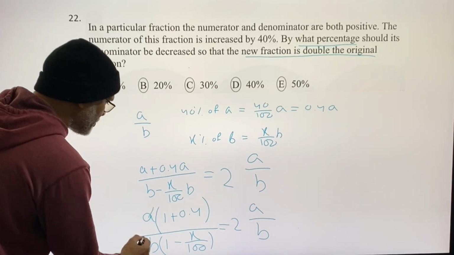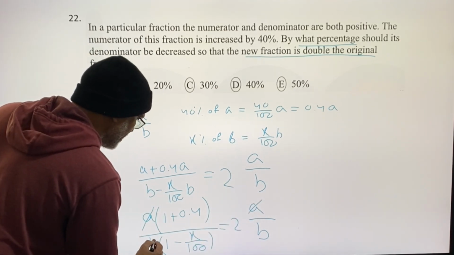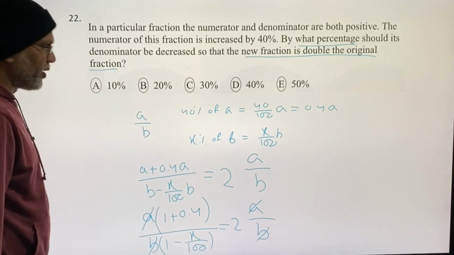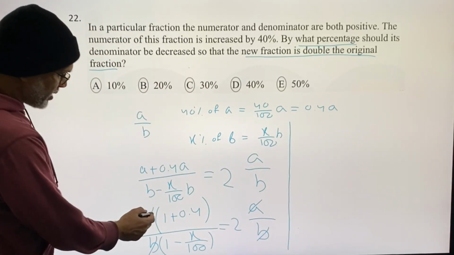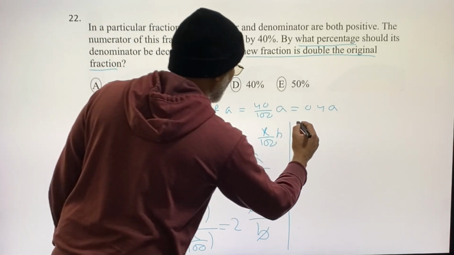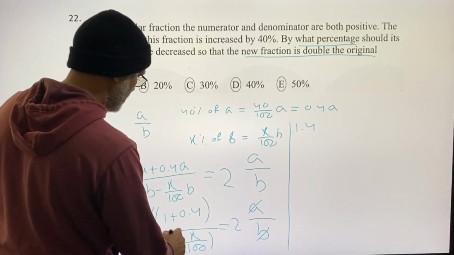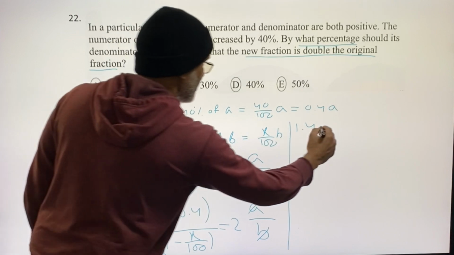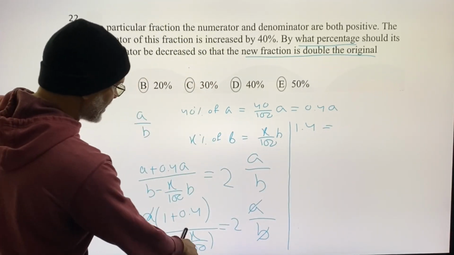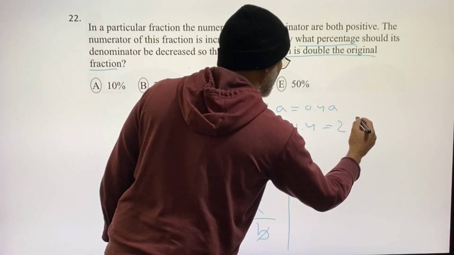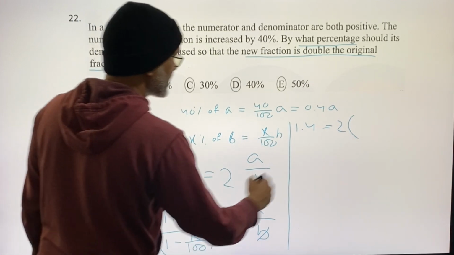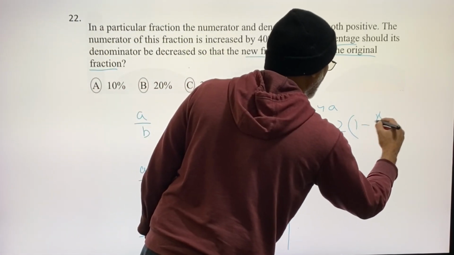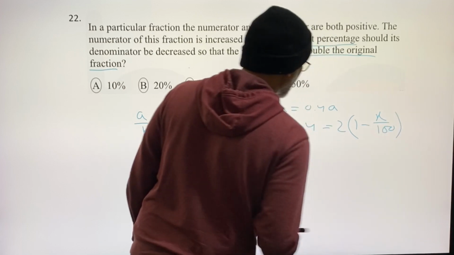I can cancel out A with A, B with B. So I'm left with 1.4 equal to, I'll take this to the other side, 2 times 1 minus X by 100.